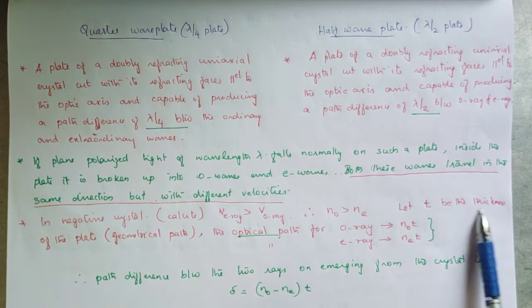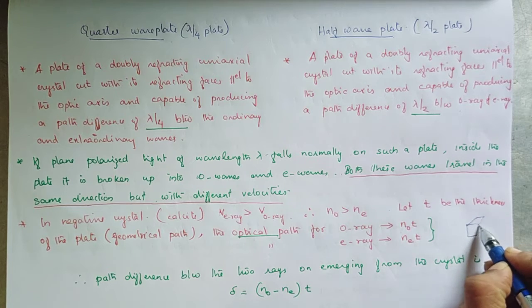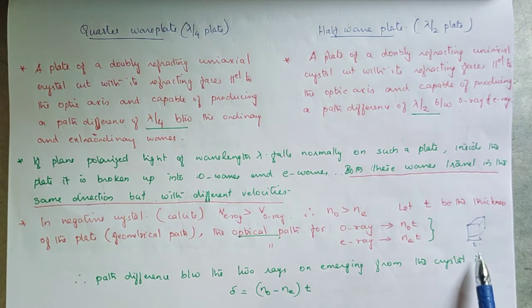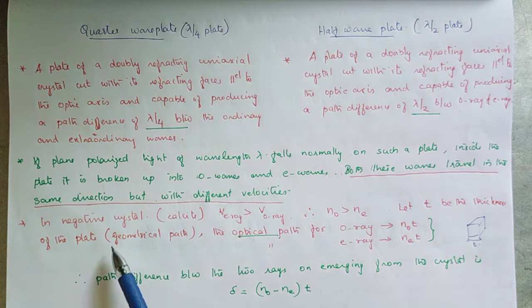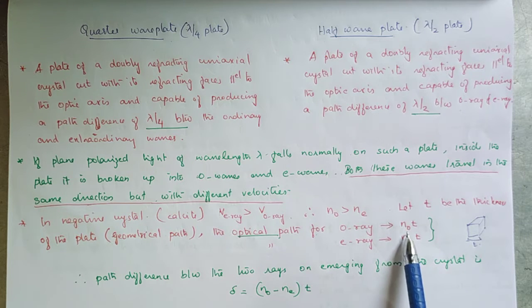Let t be the thickness of the plate. Suppose this is the plate, so this t is the geometrical path. Then what about the optical path for the ordinary ray? That is n_o t, that is n_o into t.